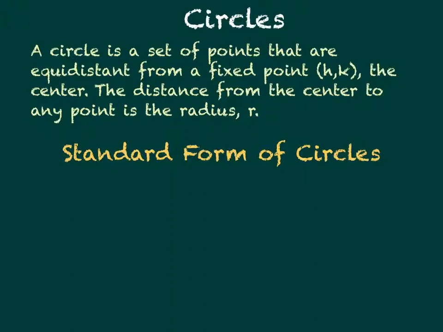Okay, now the standard form equation of a circle is pretty simple. All it is, is (x minus h) squared plus (y minus k) squared, and that equals your radius, r squared.